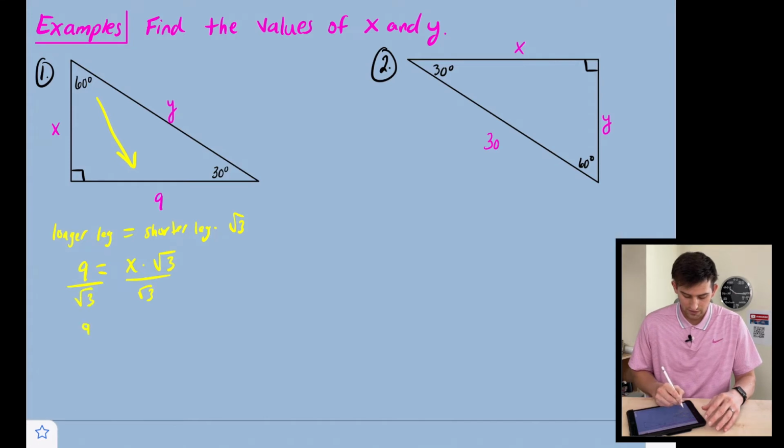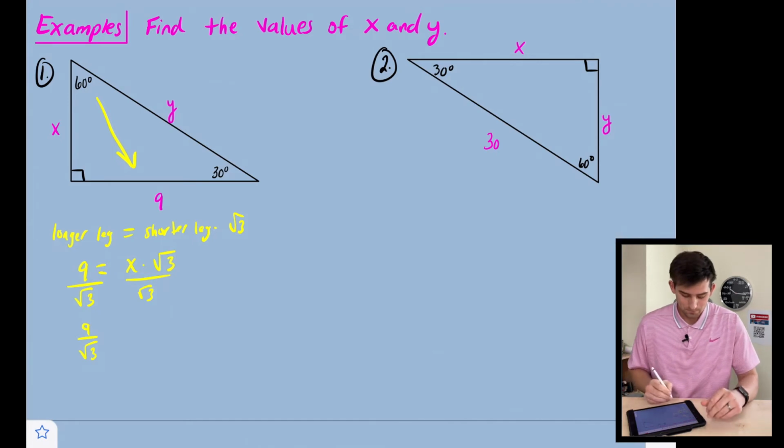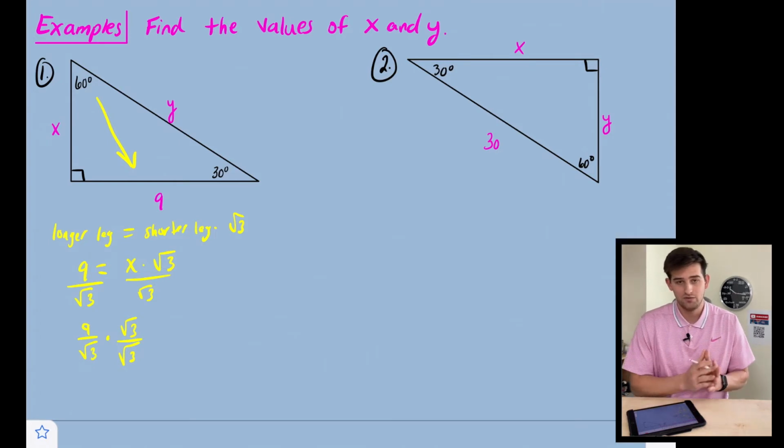Now we have 9 divided by the square root of 3. Remember from Algebra 1, we cannot leave a radical that does not have a perfect square radicand in the denominator. So we have to do what's called rationalizing this denominator. If you want to review how to do that, I'll post a card in the top right hand corner right now. Basically we want to multiply the top and the bottom of this fraction, 9 over root 3, by root 3 over root 3, because that's equal to 1.